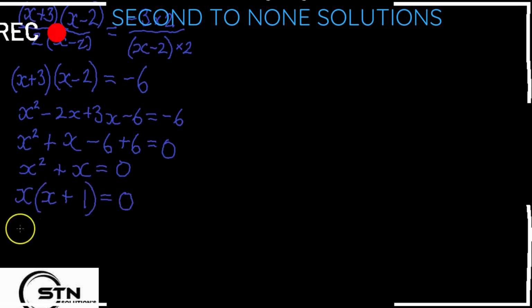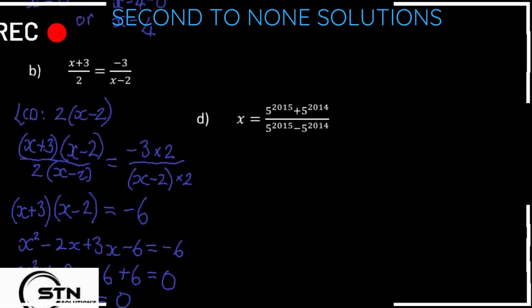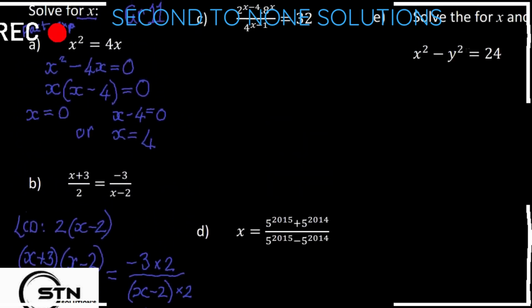Now, as we said before, anything multiplied by 0 has a value of 0, and that's why we divide the two factors, in other words, the x and the (x plus 1), into two different equations. So x plus 1 is equal to 0. That means x is going to be equal to negative 1. Our two answers then are x is equal to 0 and x is equal to negative 1. Let's move on up and go and see the next question.